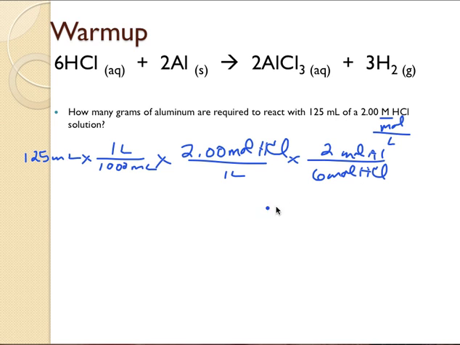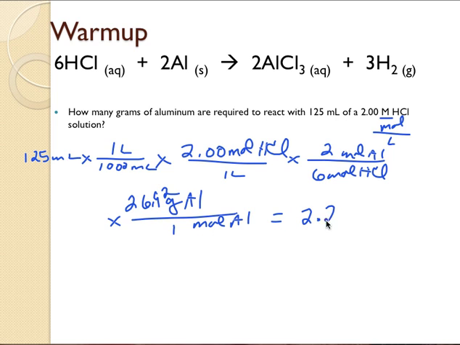That's the mole ratio from the balanced chemical equation. Then moles of aluminum, grams of aluminum, that's 26.92, molar mass again. And I end up with 2.42 grams of aluminum needed.